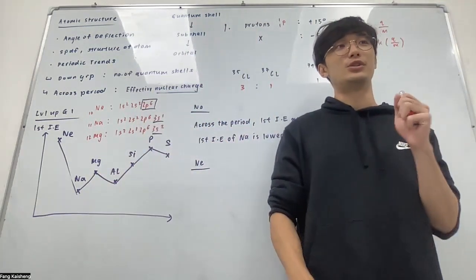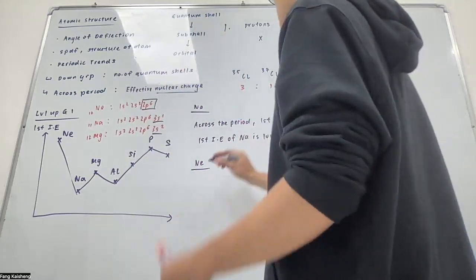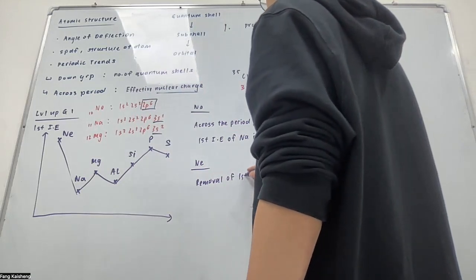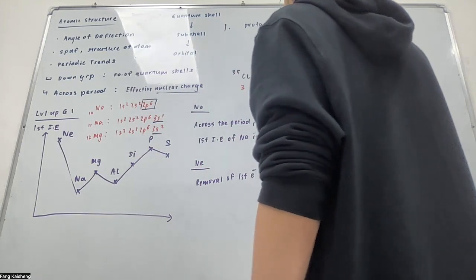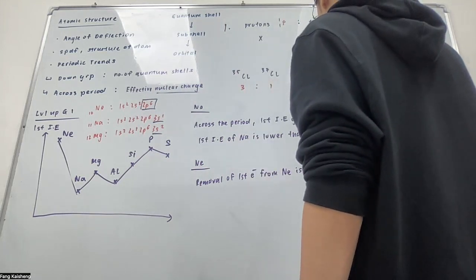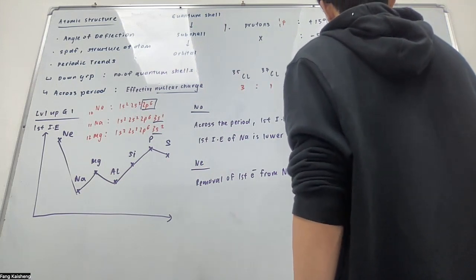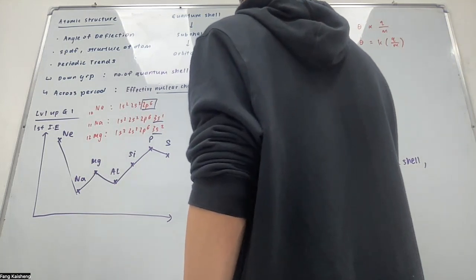So this is a quantum shell thing, not a subshell thing. So how do we explain this? Removal of the first electron from neon is in the inner quantum shell, which is much closer to the nucleus.